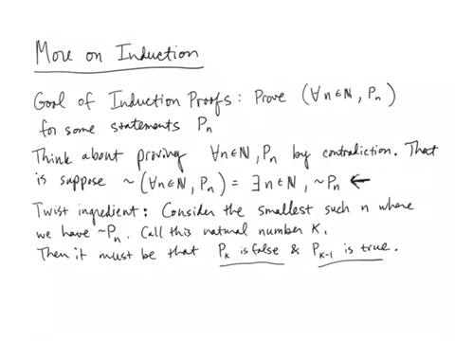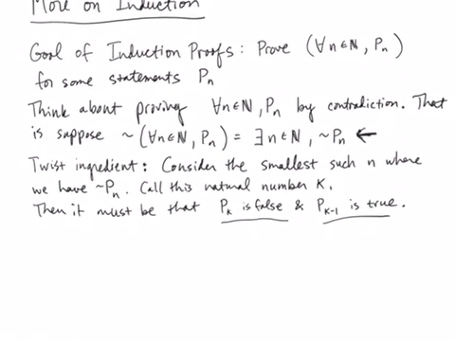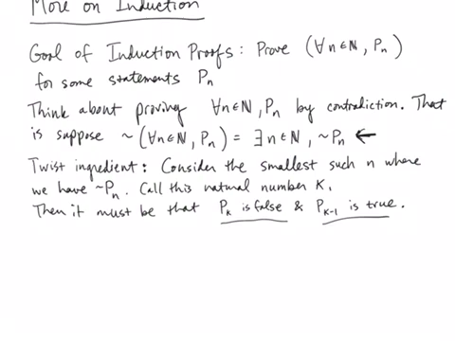Now there's one slight hiccup here, so let's address that now. The slight hiccup is k could be 1, so that P sub k minus 1 doesn't exist. It doesn't even make sense.